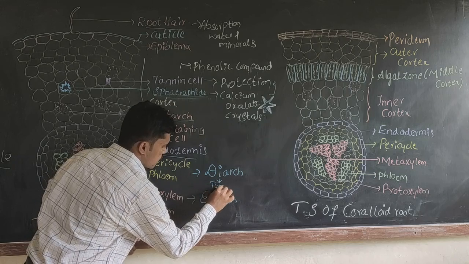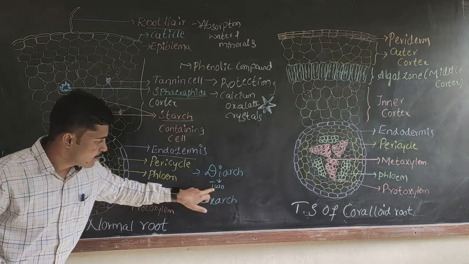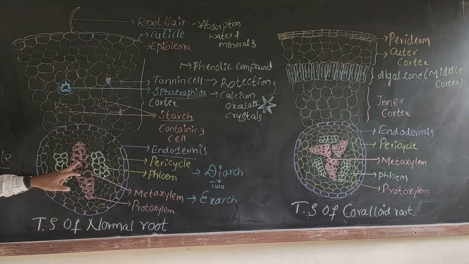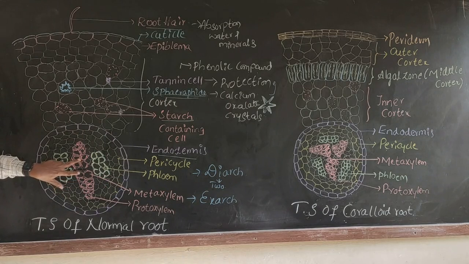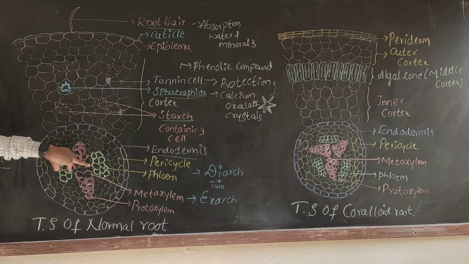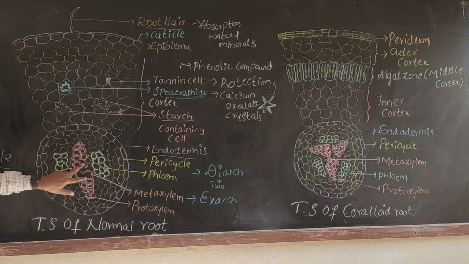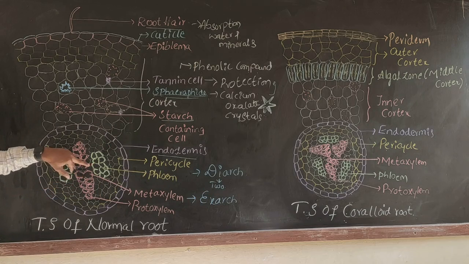Di means 2. Usually the vascular bundles are present in 2 in numbers. So 2 xylem elements and 2 phloem are present. Diarch means the presence of 2 strips of xylem and phloem.